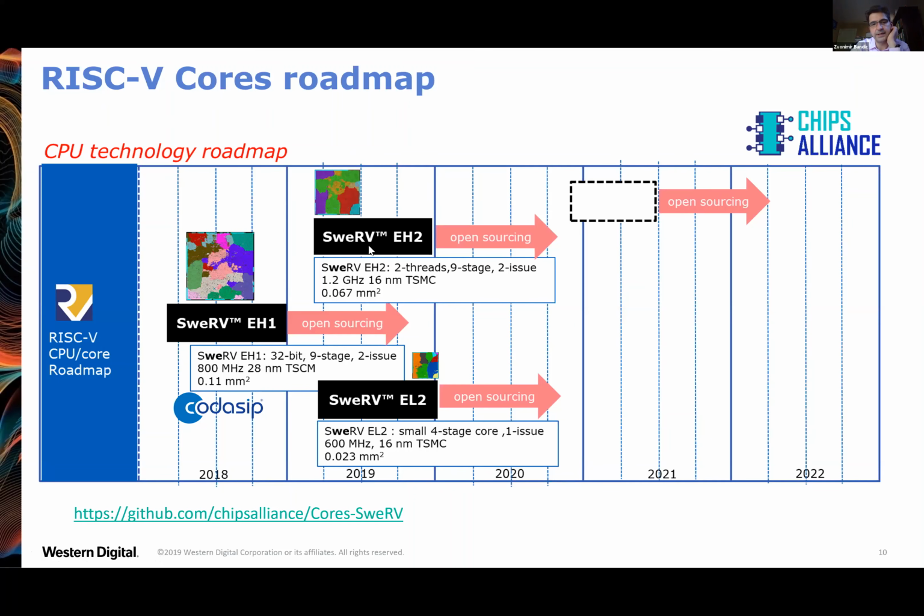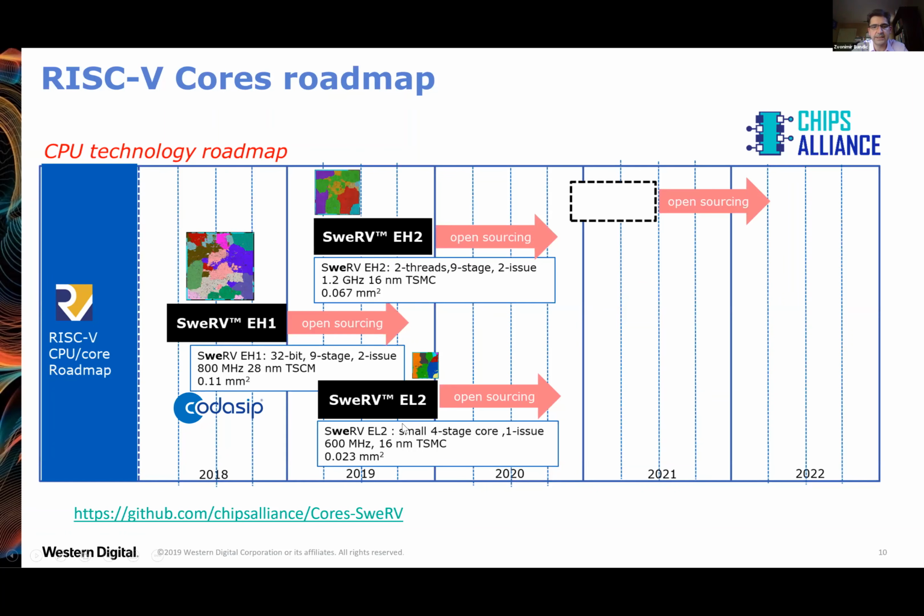Now it's targeting 16 nanometer TSMC. And it's the first professionally designed and verified open source RISC-V core that supports multi-threading. So it supports 2 threads on top of the dual issue pipe, and presents itself as a very attractive solution for a variety of real-time systems that can take advantage of multi-threading.